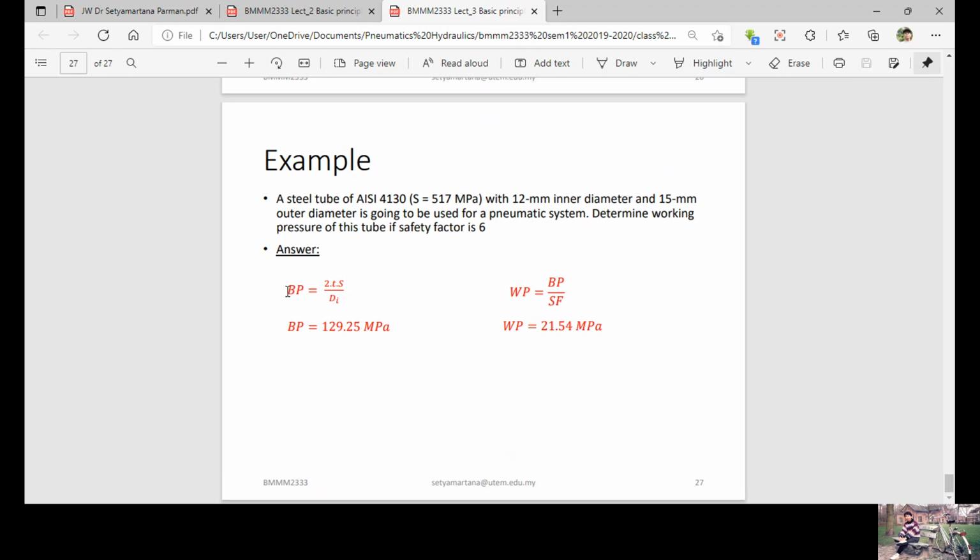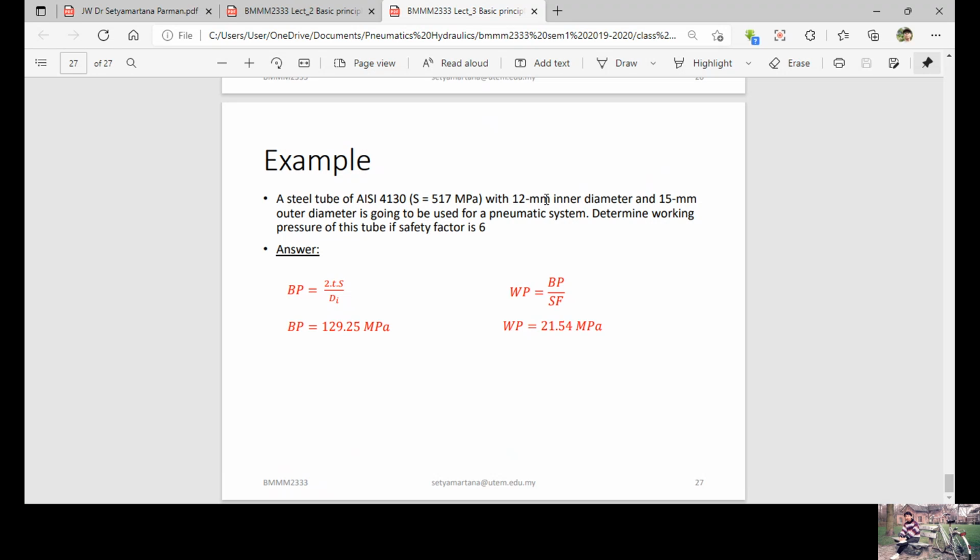Then we use the burst pressure 2TS over Di, multiplied with 1.5 and then multiplied with 517 megapascal divided by Di 12 millimeters.